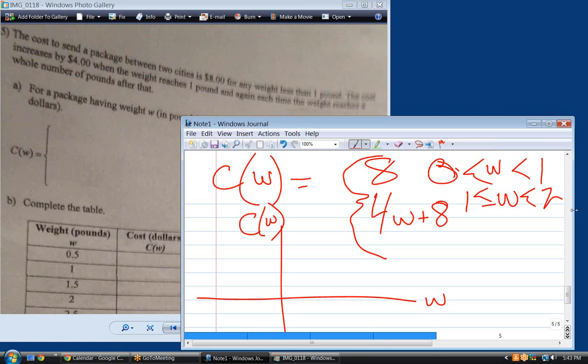And does that work? Let's see. We should be paying, no, hold on. The cost between 1 and 2 pounds is 12, right? I'm sorry, why?